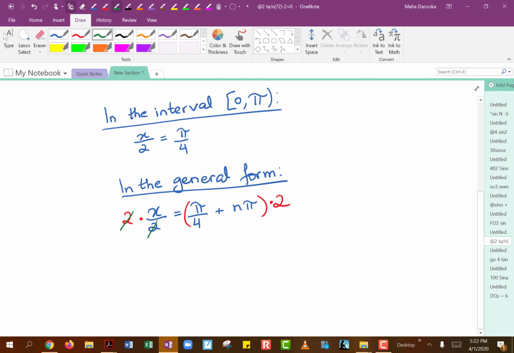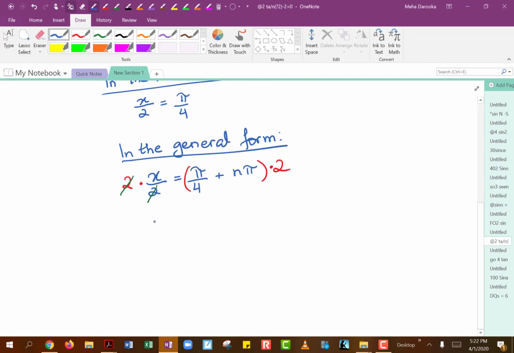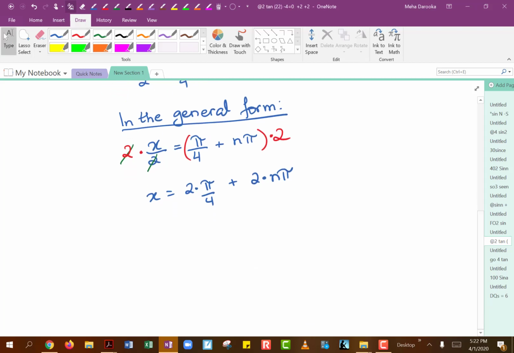So your 2 and 2 will cancel out, leaving us with x. And then you are basically doing 2 times pi over 4 plus 2 times n pi, right? Because this 2 gets multiplied with both of these terms.